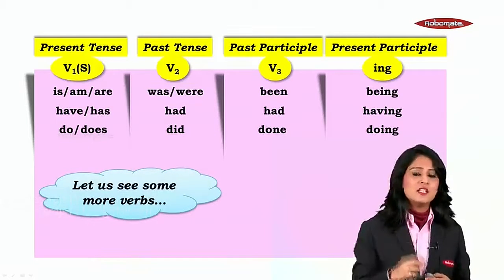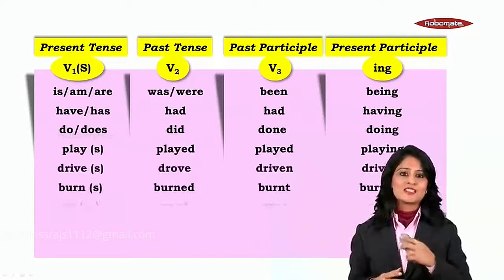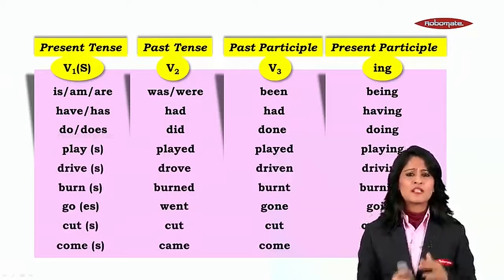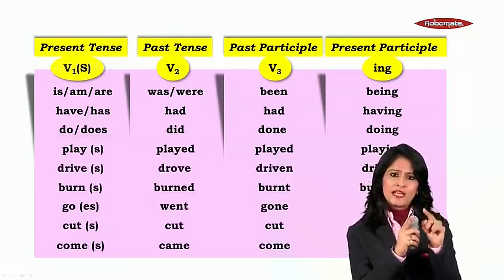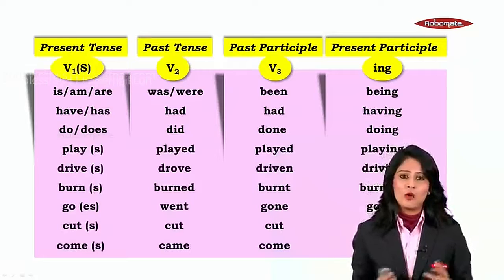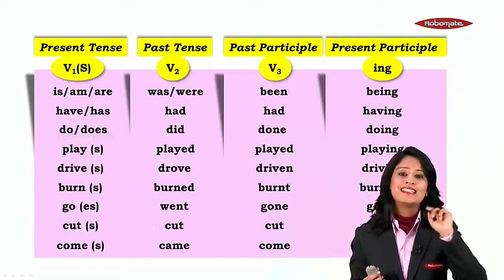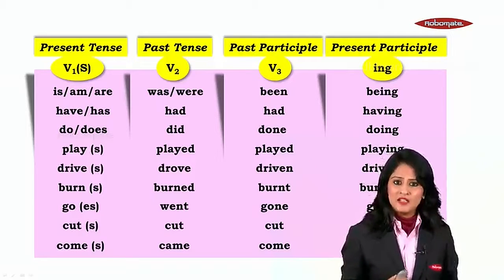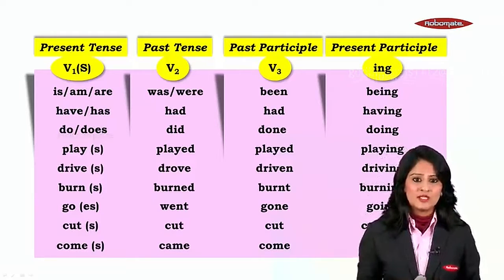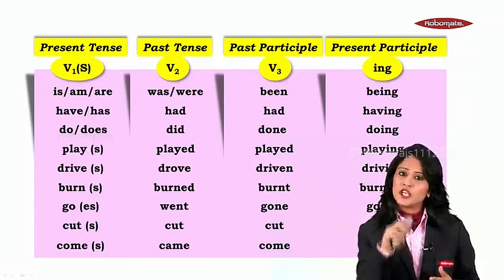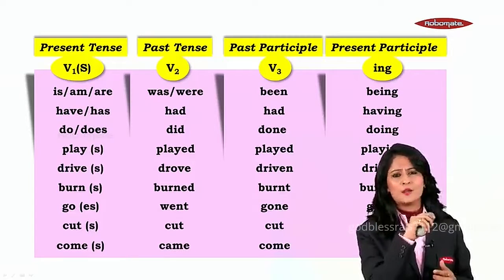So now let us see some more verbs. In the present tense we have play, in the bracket S, plays. I play, you play, he plays. The past tense is played, the past participle is played once again, and the present participle, which I told you initially, always ends with ing.